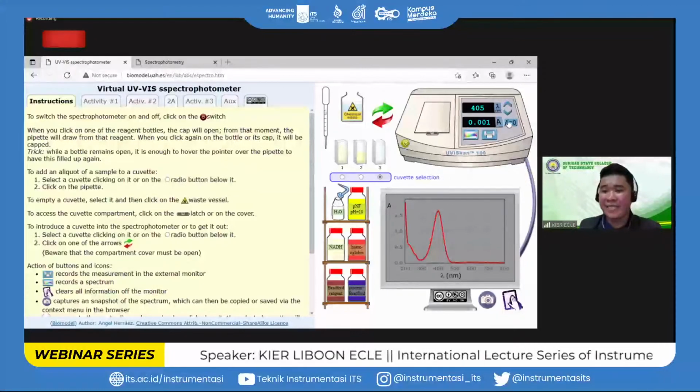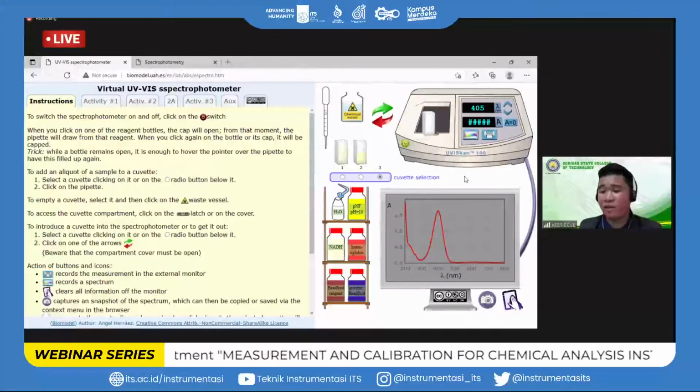Okay, so everything is set. Now transfer the third cuvette to the sample compartment. So you first perform blanking.